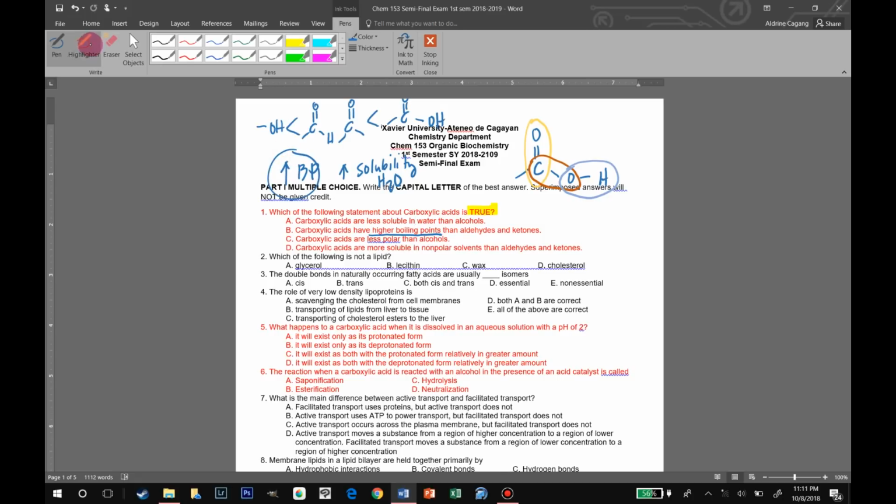So letter B looks like the potential correct answer here. Letter C, less polar than alcohols. That is false. Letter D, more soluble in non-polar solvents than aldehydes and ketones. That's going to be false as well, because since your carboxylic acid is a polar functional group, it's not going to be soluble in nonpolar solvents.